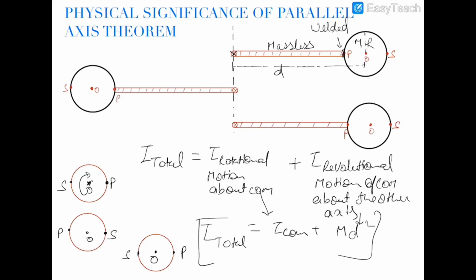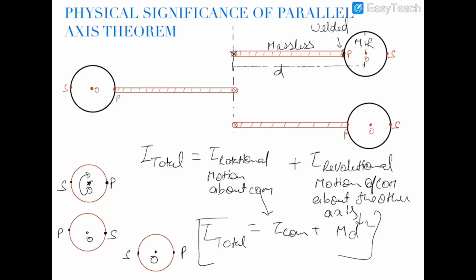The first is rotational motion, and that rotational motion is about the center of mass of the system, and the second is revolutional motion, and that revolutional motion is of the center of mass about some other axis. So the total moment of inertia would be the sum of these two moments of inertia, and hence we write the total moment of inertia as ICOM plus md square.